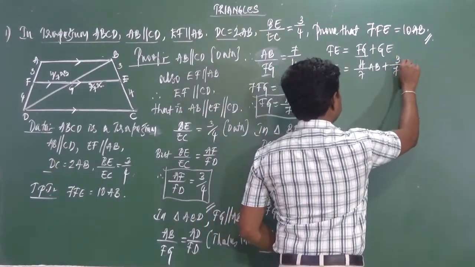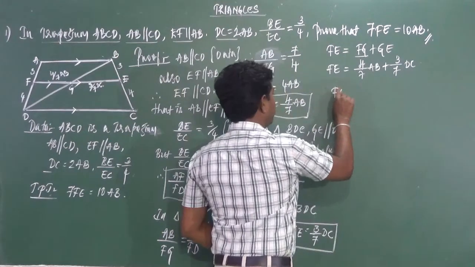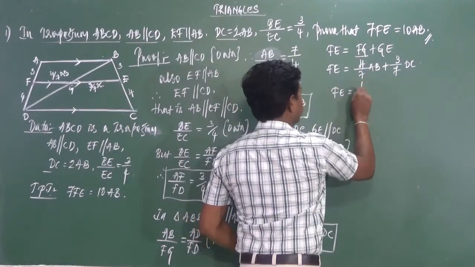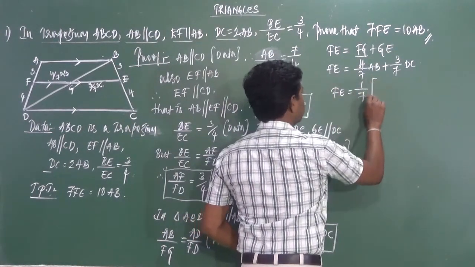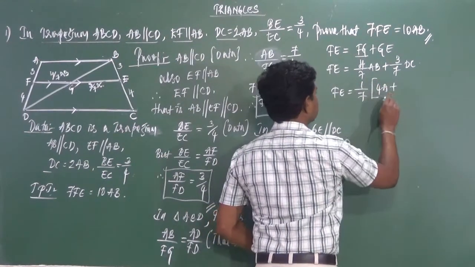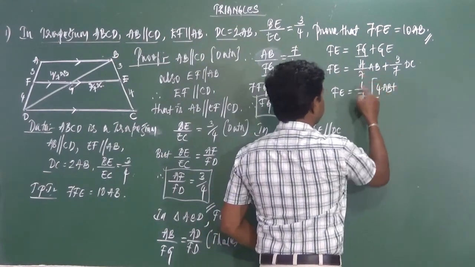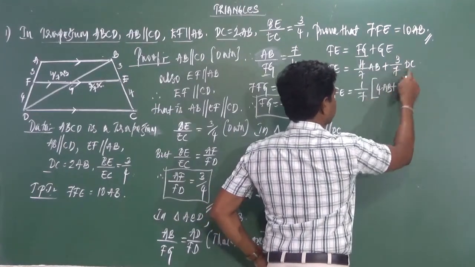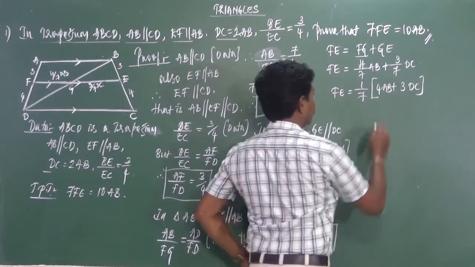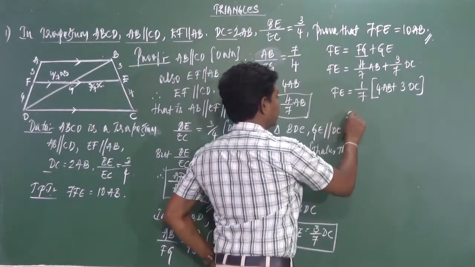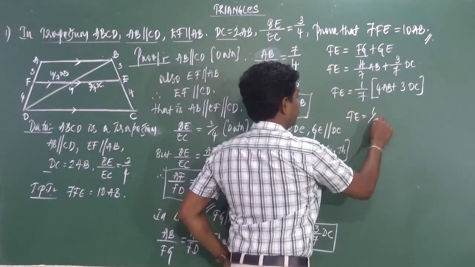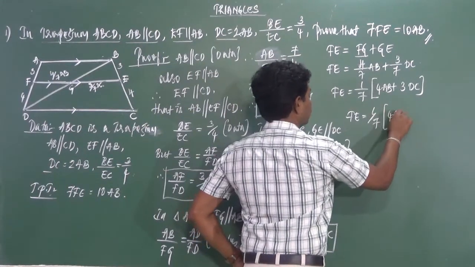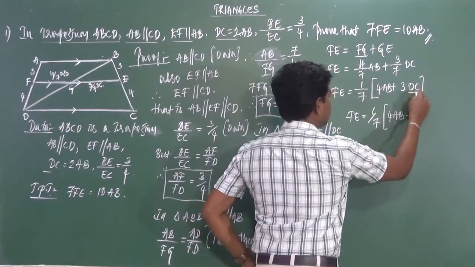So FE is equal to, I will take 1 by 7 as common here: 1 by 7 into 4AB plus 3DC. So FE is equal to 1 by 7 into 4AB plus 3DC. What is this DC equal to?